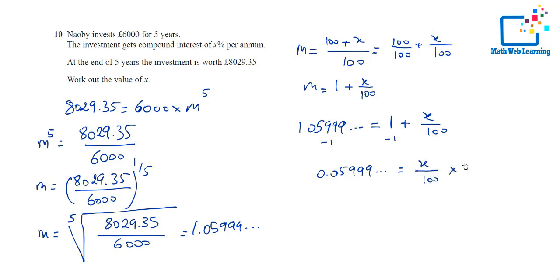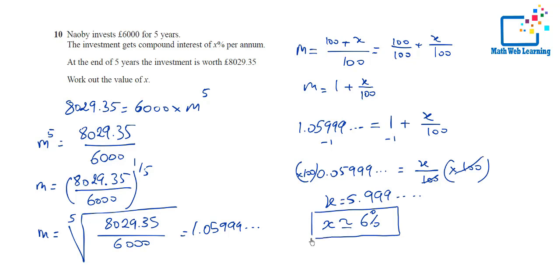Then you multiply both sides by 100, which eliminates the 100 on this side, and you get x equals 5.9 recurring. Therefore we round it to 6%. That's how you answer question 10.